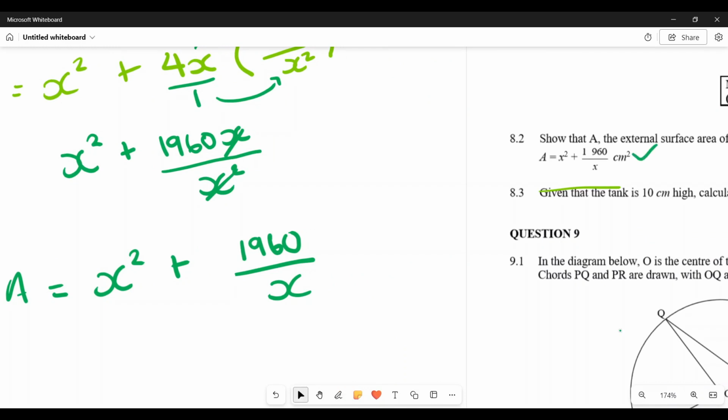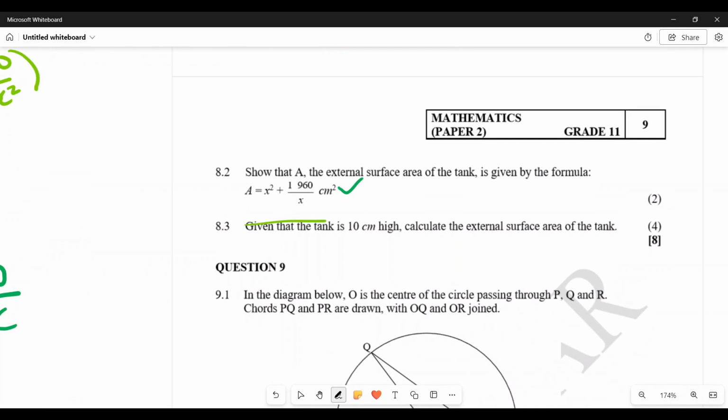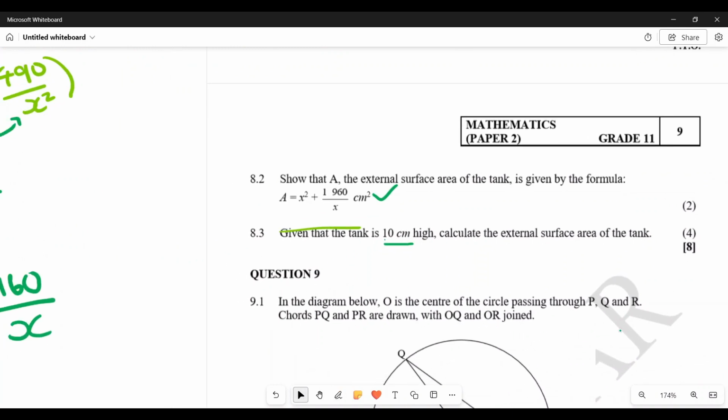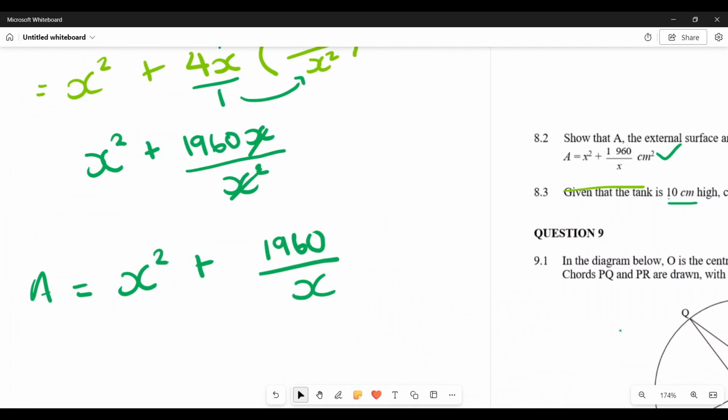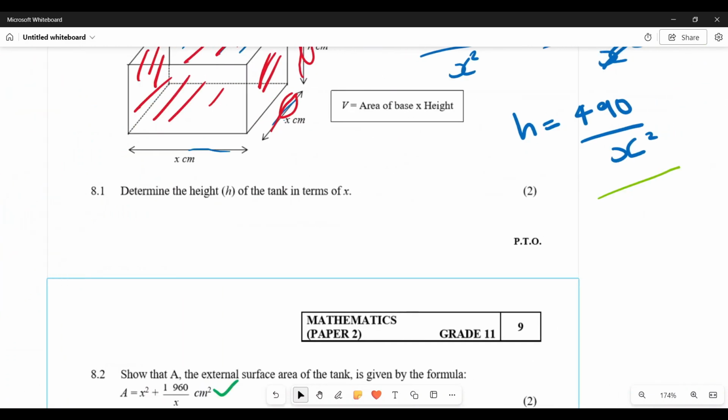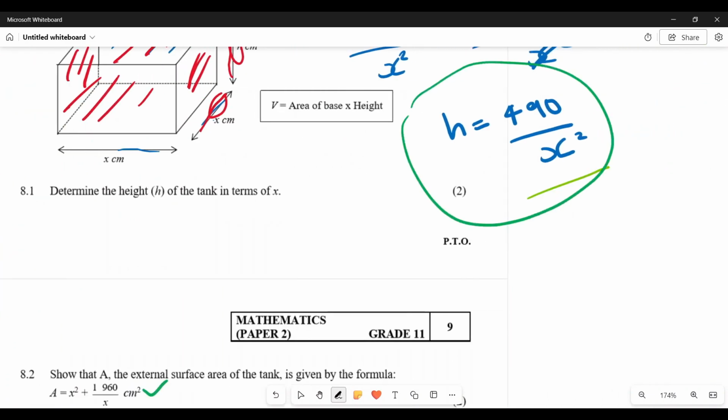Now, if we are given that the height is 10 centimeters, calculate the external surface area of the tank. If you note, this area formula is in terms of x values, and we are given the height. So I need to solve for my x using the formula that I've calculated before. I know that the height is 10 in accordance with my given. Now I need to solve for my x so that I could substitute it into my area formula and find the overall area for my tank.